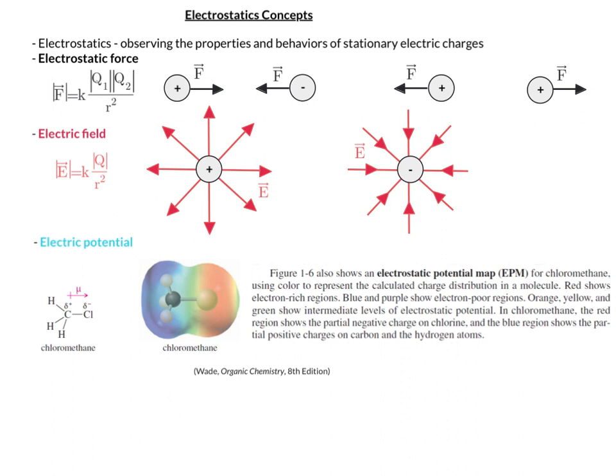The red shows electron-rich regions, so this is more negative. Blue and purple show electron-poor regions, so this area is more positive. So essentially, the chlorine is more negative, and the 3 hydrogens and the carbon are more positive. That's what the electric potential map tells you in organic chemistry.